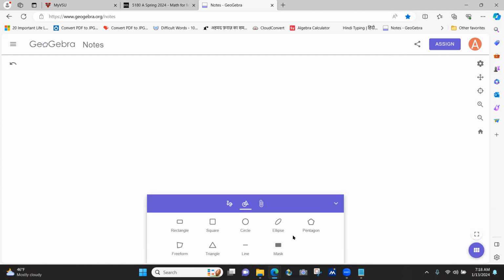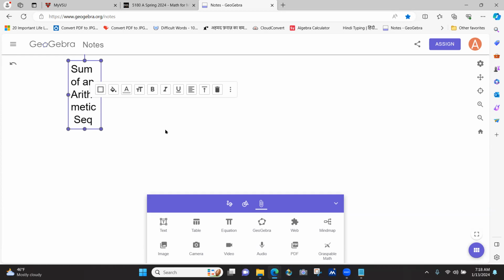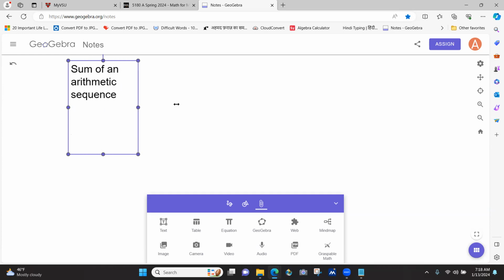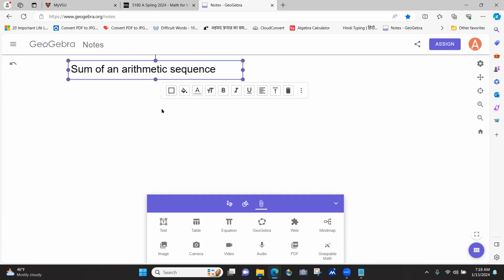We are now finding the sum of an arithmetic sequence, any arithmetic sequence. Why do we need capitalization here? How do we do that? And what does that even mean?